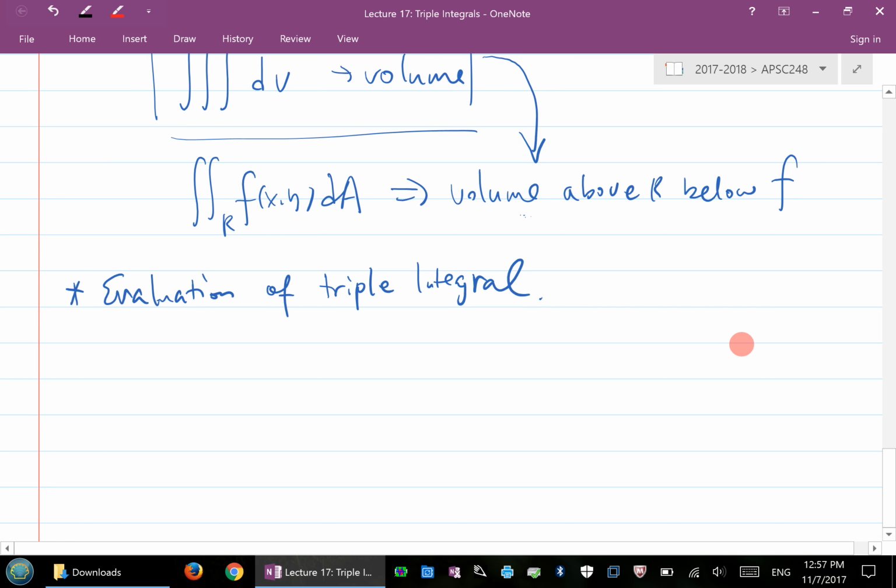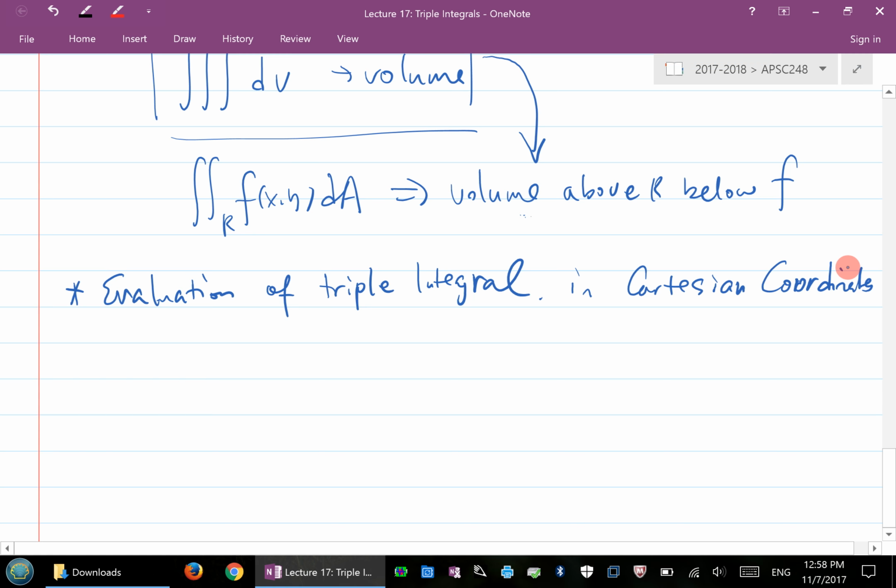The first one we'll look at is the evaluation of the triple integral in Cartesian coordinates. And then we'll look at 2 other options. One is not polar anymore. One is called cylindrical coordinates, and the last one is spherical coordinates.